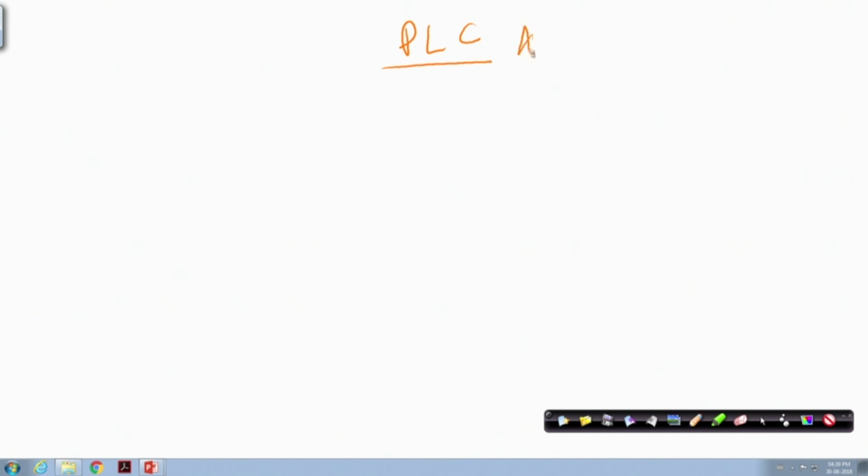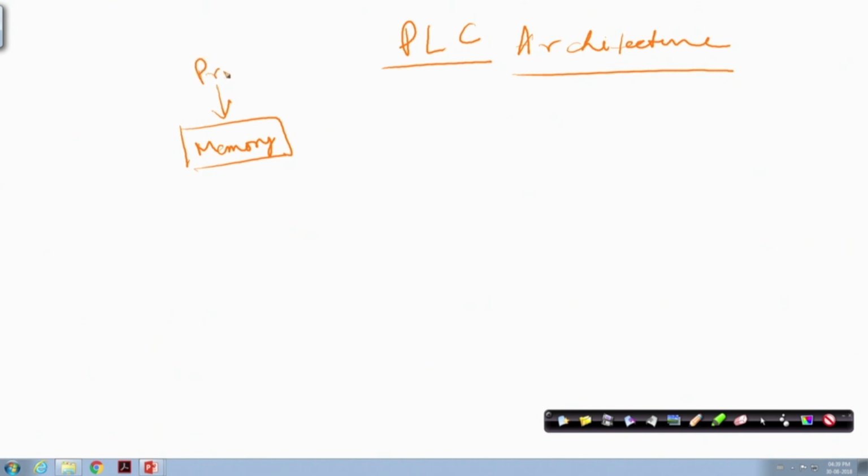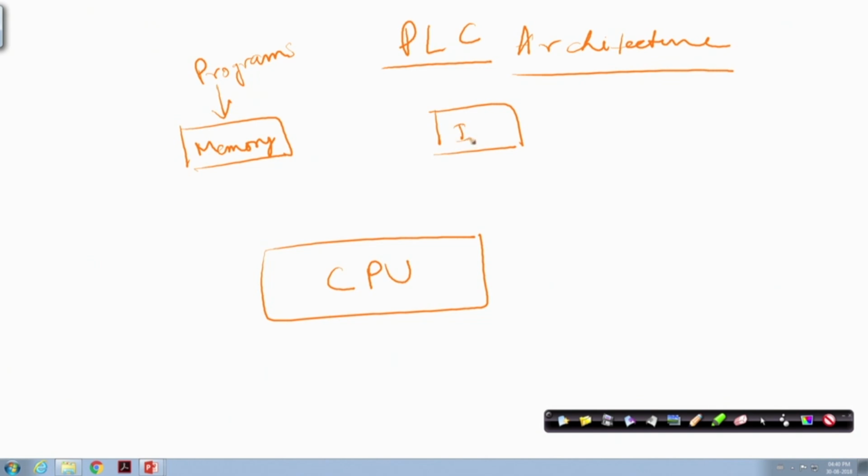So, we will talk about the architecture of a typical PLC system. A typical PLC system has memory, and the input over here are different programs which run these PLCs. Then you have the central processing unit and the input and output.